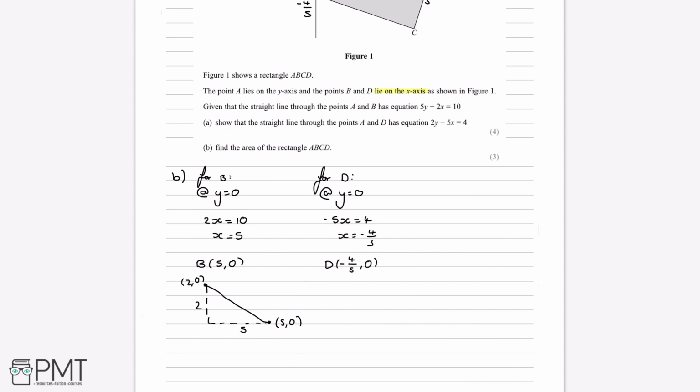And so to find the length of AB, we would do square root of 2 squared plus 5 squared, which if you put into your calculator is root 29. Now if we use the exact same method for AD, and you could draw out pretty much an identical kind of sketch, we get that AD is equal to the square root of (minus 4/5) squared plus 2 squared. And if we put this into our calculator, it's equal to 2 root 29 over 5.